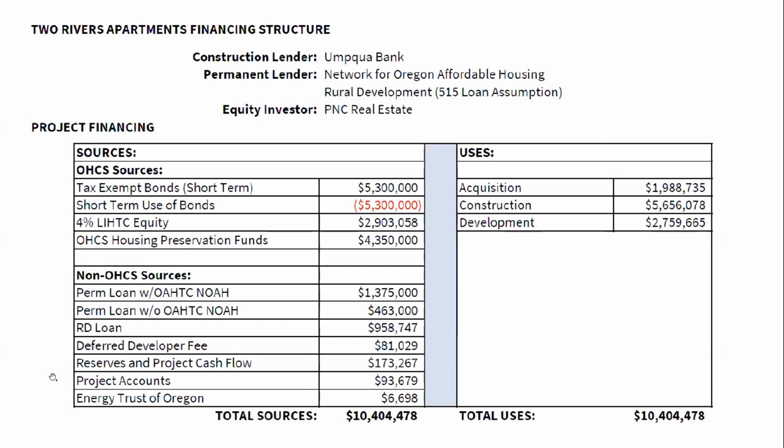So the advantages there are that you get your tax credit equity, and you can share that equity between the two projects when it comes to financing your uses. And so if a project needs a little bit more rehab, then you can pull in some equity there. So that's one advantage of doing the bond deal and having this portfolio, being able to maximize your tax credit equity between the two projects.